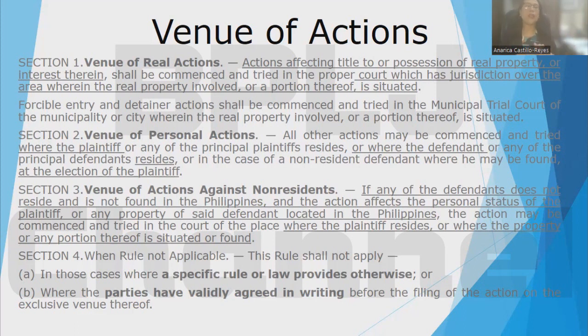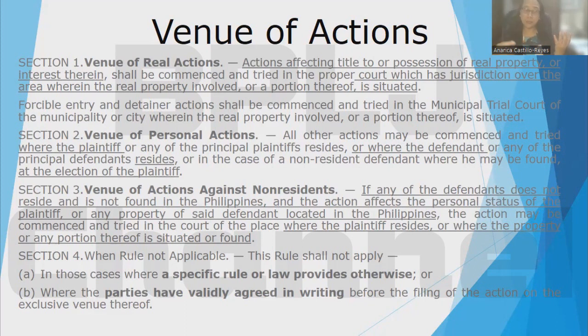On the other hand, venue is a procedural matter. Being a procedural matter, it is designed for the convenience of the parties. That is the reason why in formulating the general rules on venue, okay, the Supreme Court took into consideration the location of the property in real actions, because the court which is situated in the place where the property is located should be the place to file the action.